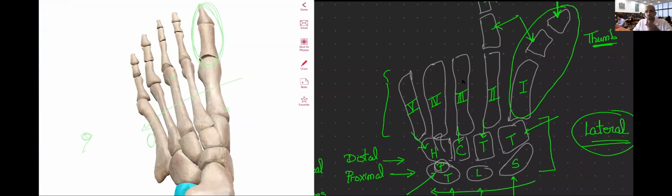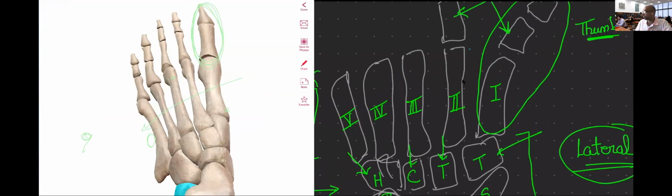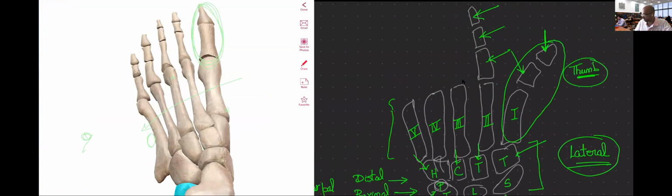Here in the foot, we're starting from the big toe. In the hand, we started from the thumb. So start numbering. This is going to be my first, second, third, fourth, and fifth metatarsal bones.